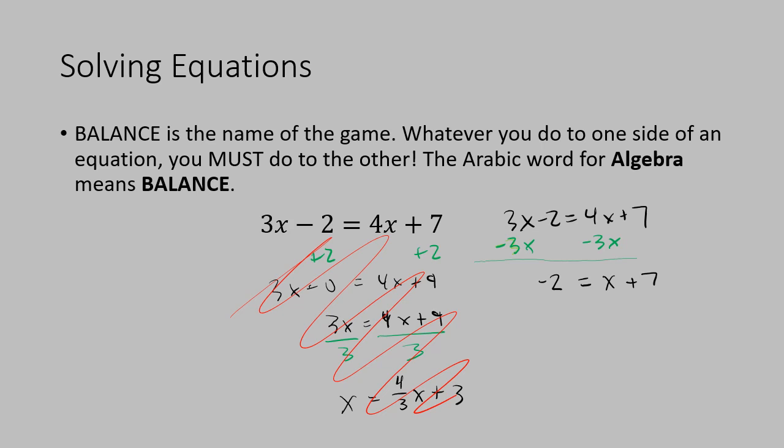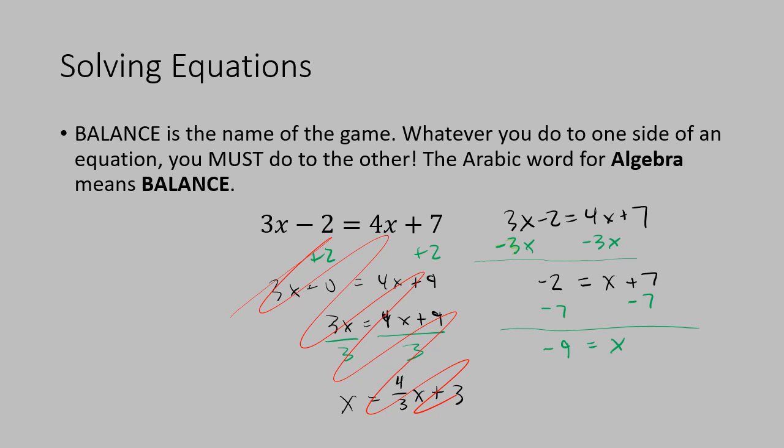Okay, so now all we have to do is get this in the form of a variable equals number. So really what I think I should do here is subtract 7 now from both sides. Okay, so if we subtract 7 from both sides, we will have negative 2 minus 7 on the left side, which is negative 9, okay, equals, and then just x.